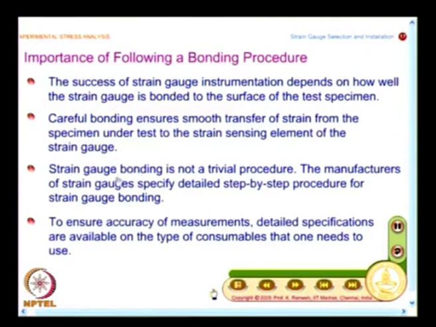Do not think that strain gauge bonding is a trivial procedure. If you look at the manufacturers of strain gauges, they specify a detailed step by step procedure for strain gauge bonding. And what is the focus?